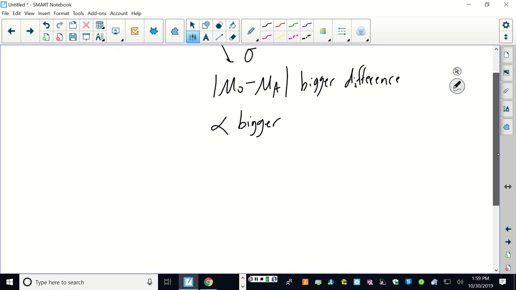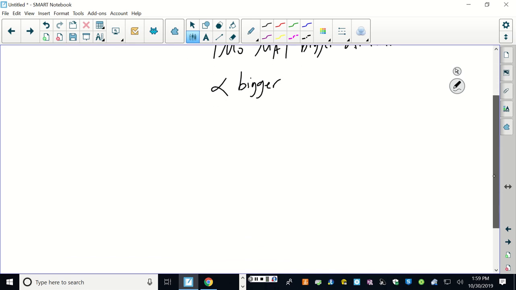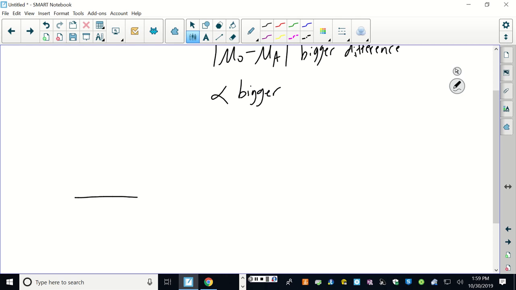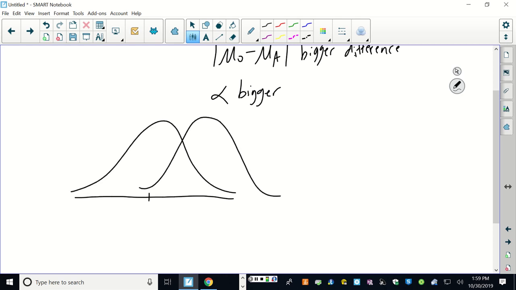So the basic picture of these things is if you have curves kind of like this, u sub 0, u sub a, I'm going to draw it the same way, if these are the rejection regions.